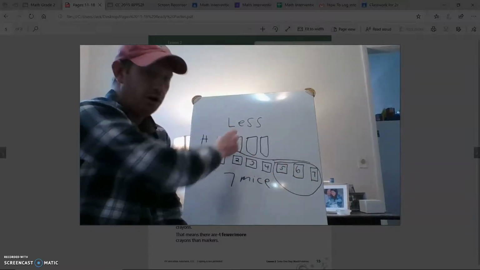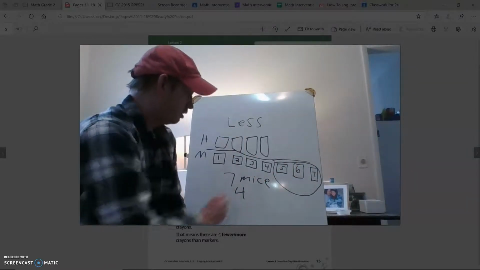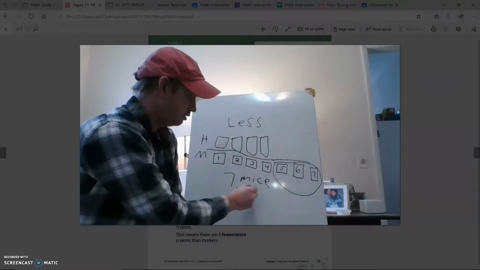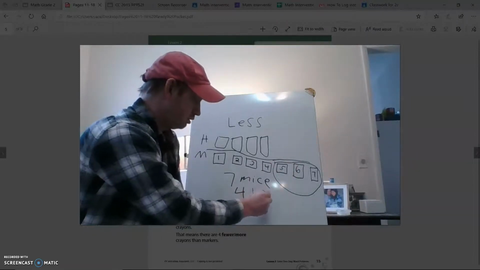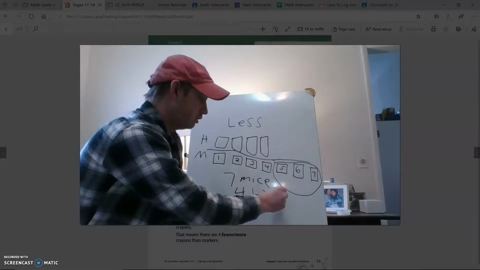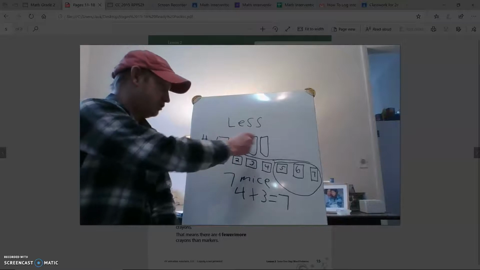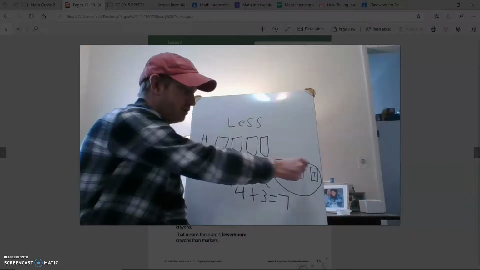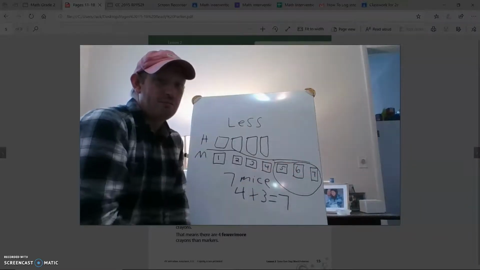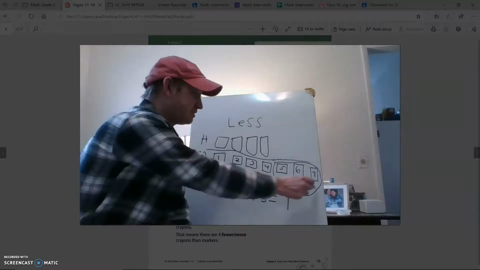So we have 4 plus 3 is equal to 7. We had our 4 hamsters and 3 mice made it so we had our 7 mice in total.